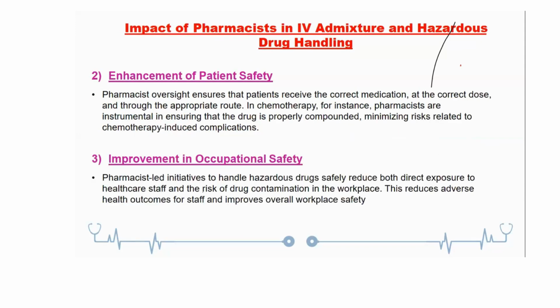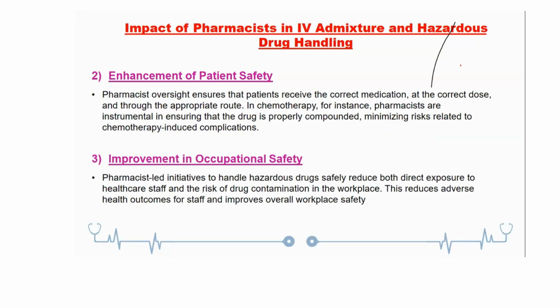Pharmacists also play a key role in the enhancement of patient safety, as pharmacist oversight ensures that patients receive the correct medication at the correct dose and through the correct route. As well, in the chemotherapy setting, pharmacists are instrumental in ensuring that the drug is properly compounded and minimizing risk related to chemotherapy-induced complications.